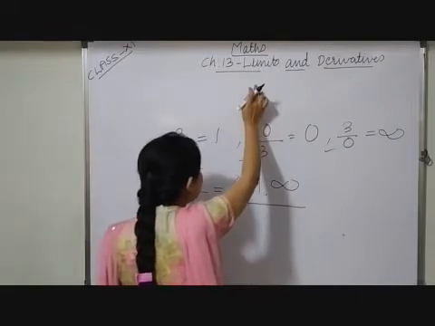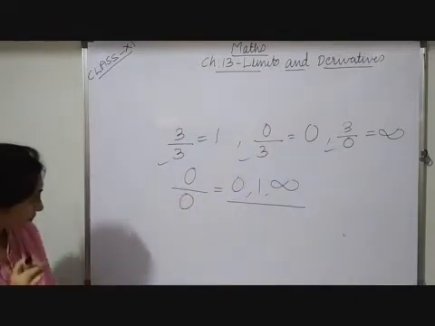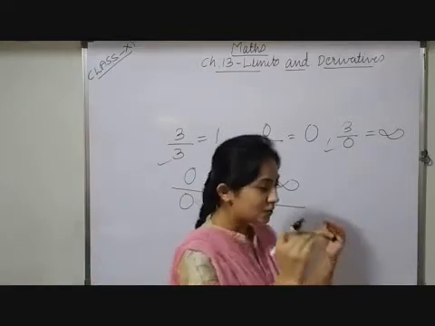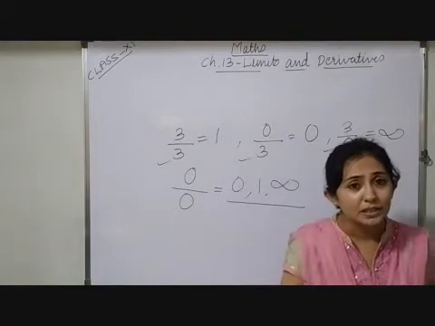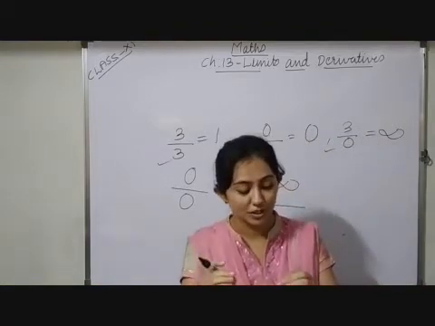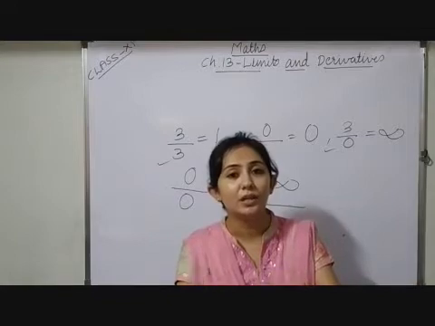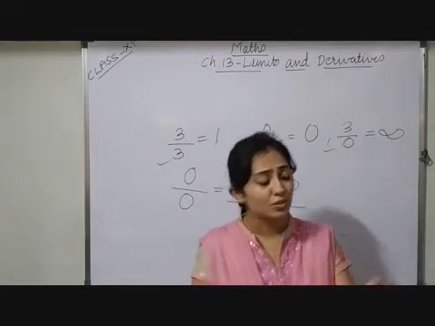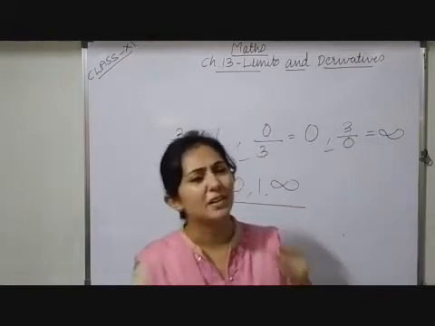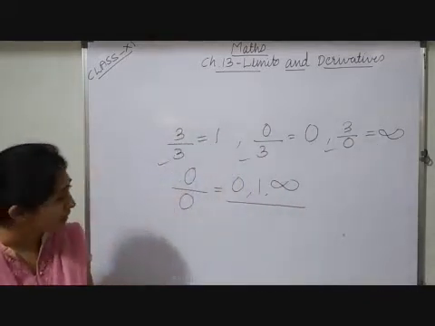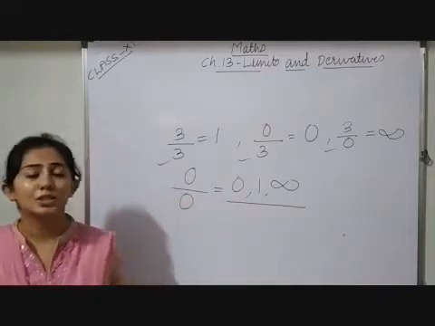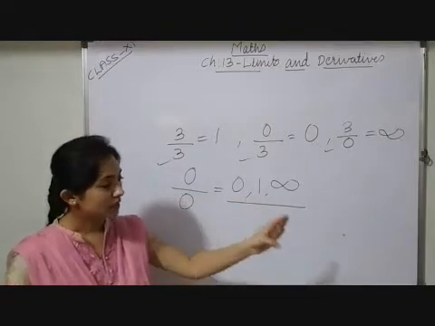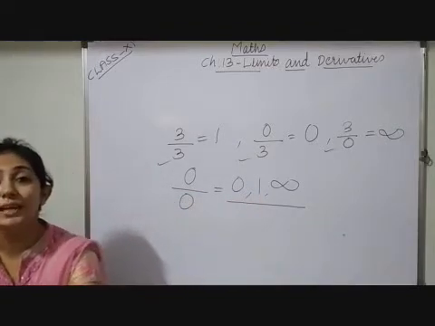But now what do limits do? Limit says that if this form is not defined in mathematics, we will try to rearrange our question. We will try to rearrange it using our mathematical identities, using some functions, using some formulas, LCM, HCF, many parts we have studied in mathematics. Using all those small calculations, we try to convert our question in such a manner that at least we will get a unique solution.